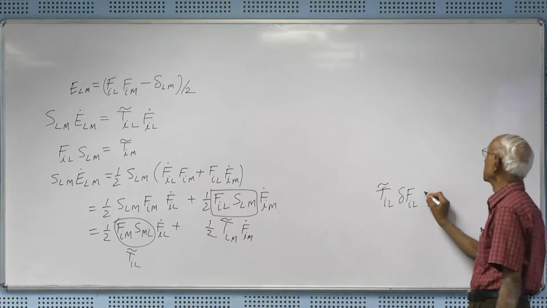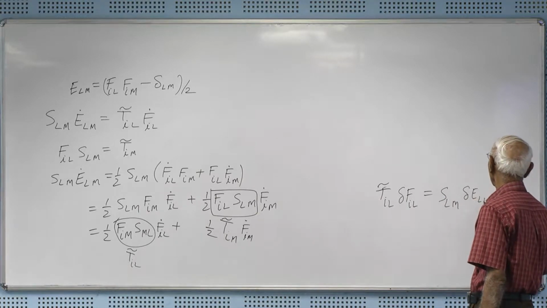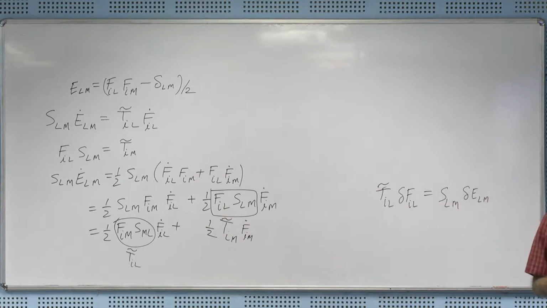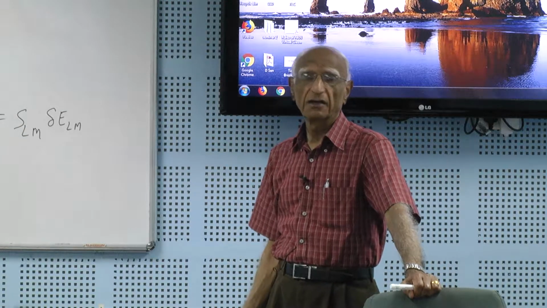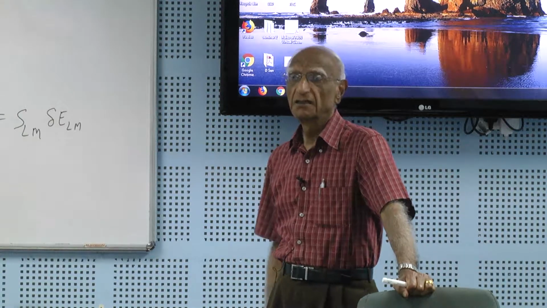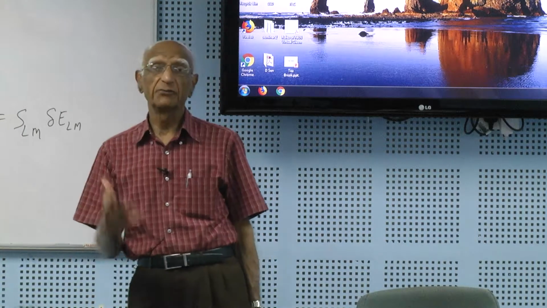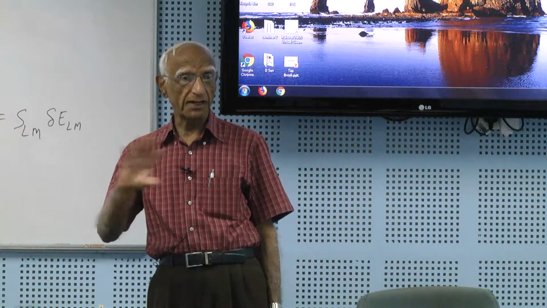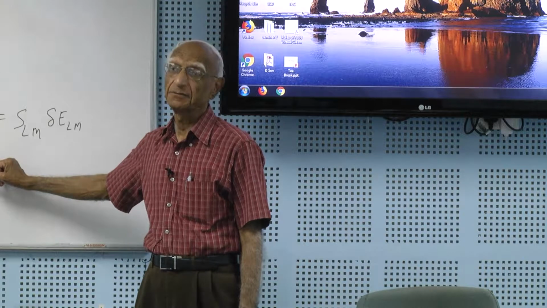So this thing will equal S_LM times the variation of E_LM, which is the same thing. I am replacing F dot by the variation. If any one of you has worked in, say, rubber elasticity or nonlinear elasticity and tried to derive a weak formulation for writing a finite element code, you will need this.